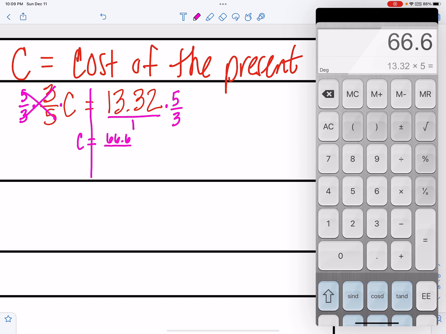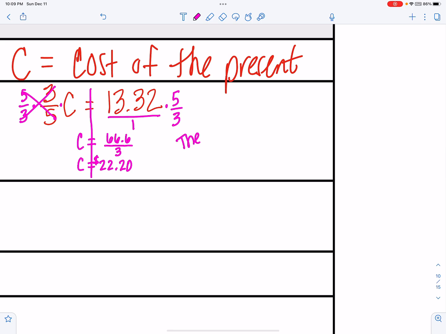Okay, we'll leave it at 66.6 for right now. Divided by 3. So let's go ahead and continue solving that. Divide by 3. And so $66.60 divided by 3 gets us $22, and it's money, so I'm going to represent it with the 20 cents all the way to the hundreds there. Okay, and so there we go.